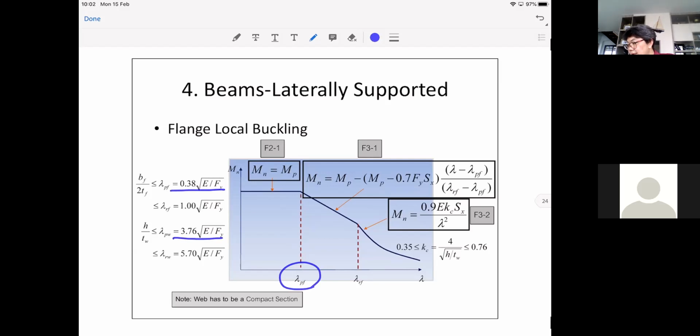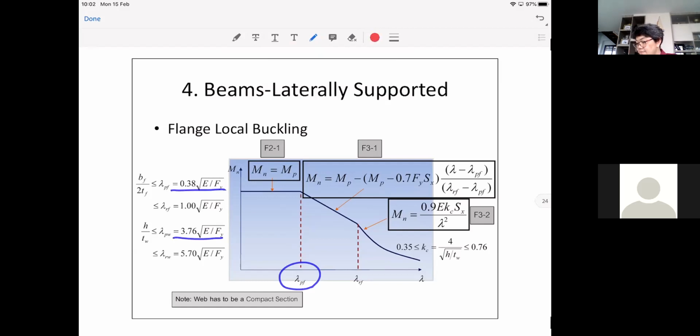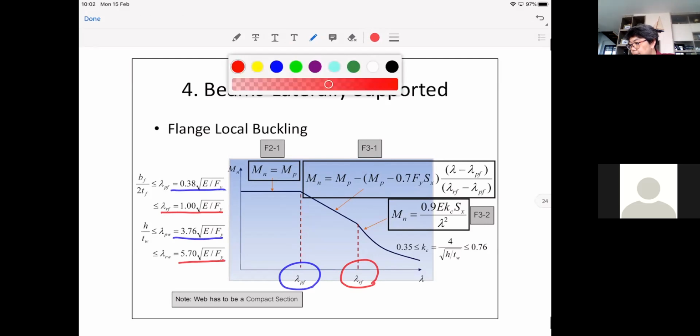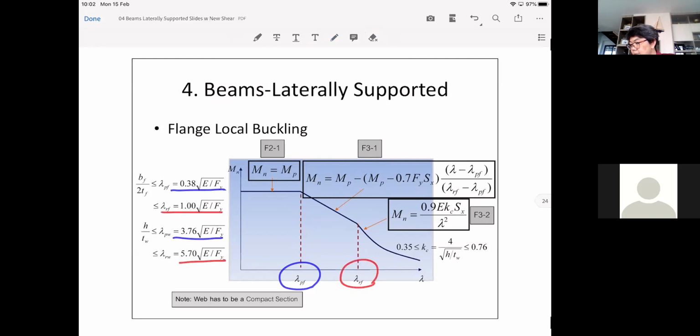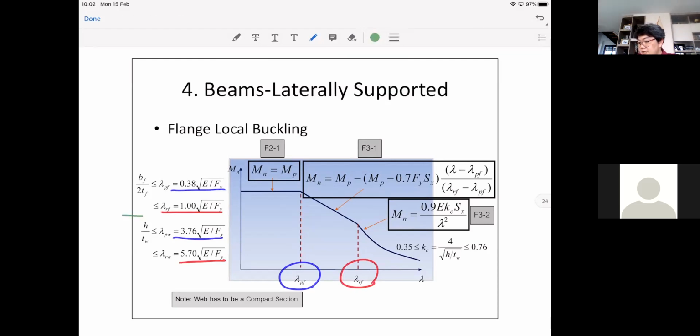And then lambda r right here. Lambda r for the flange and then lambda r for the web. This is the flange and that is the web. As long as you have this page of mind, you should be fine.